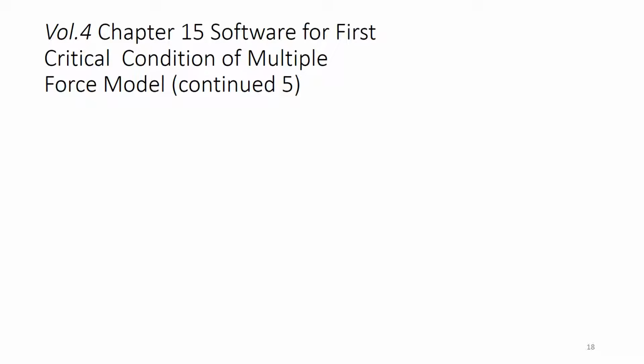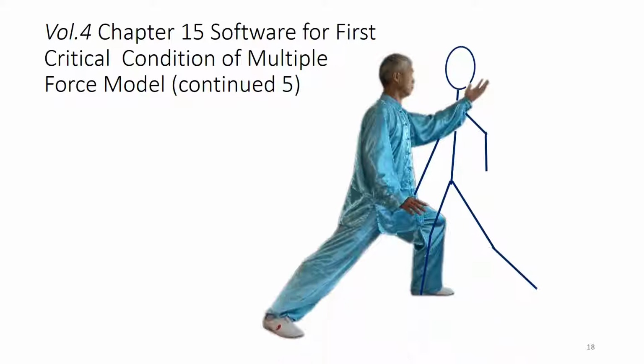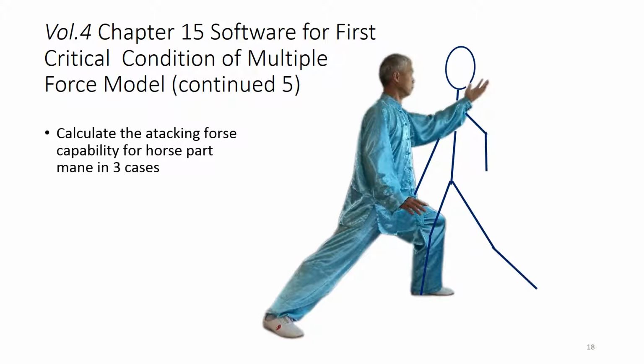Chapter 15. Software for first critical condition of multiple force model, continued 5. Calculate the attacking force capability for the whole body in 3 cases. Release force at contact hand 1 only.